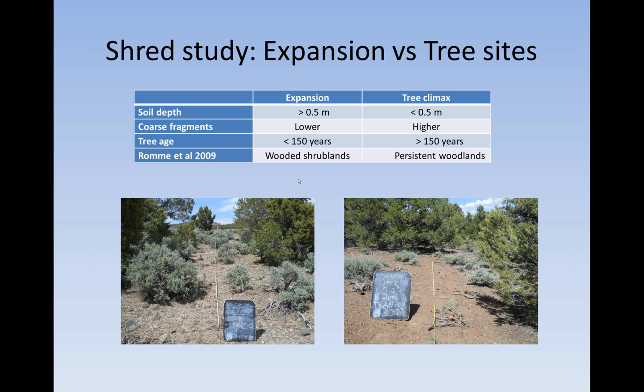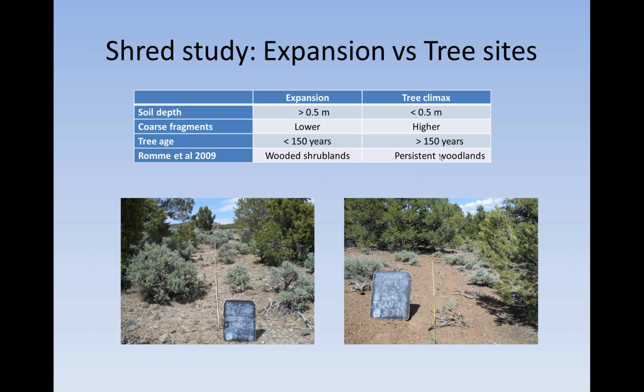And in the shred study, we got into some tree climax sites, and normally we don't treat those, which have shallower soils, more coarse fragments, less water holding capacity, and their tree age is greater than 150 years. Romme and others refer to these as persistent woodlands. Normally we treat these wooded shrublands where we figure these trees have expanded into sagebrush steppe.